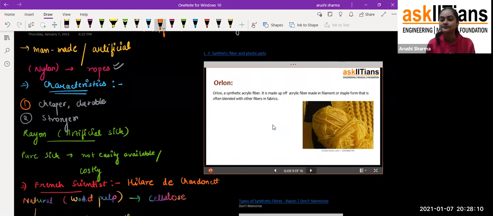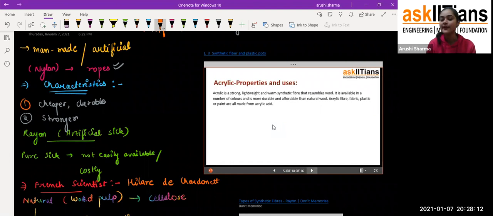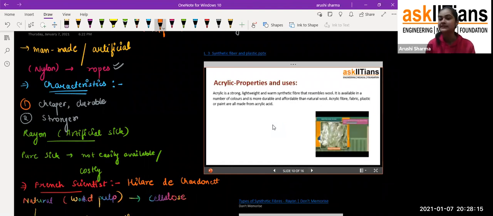So we can see here that acrylic fiber is a strong, lightweight synthetic fiber that resembles wool. And as I told you, it comes in so many colors, it is more durable, and you get so many designs. That is why we generally use acrylic as an artificial wool. Even acrylic paint, which you have heard about in ads, is made from acrylic acid.